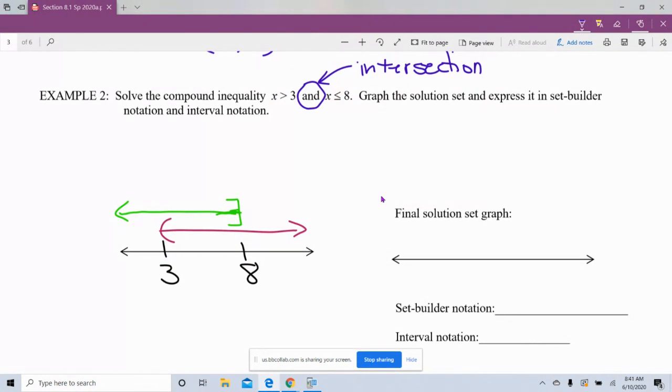So what I really want to do is, I'll put my intersection down below. I want it to go from 3 to 8, right? And I want to use the same closures as are happening at the 3 above and at the 8 above.